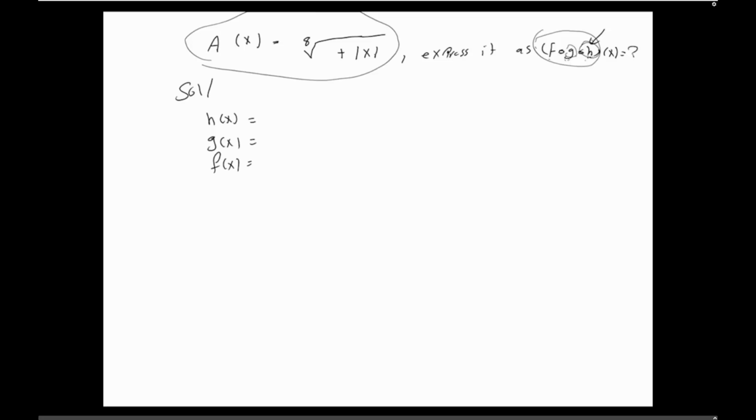What we want to do is write this function as f of x, in which the x over here represents g of h. It's not just a regular x. So what we want to do is find f of x, in which this x equals g of h.